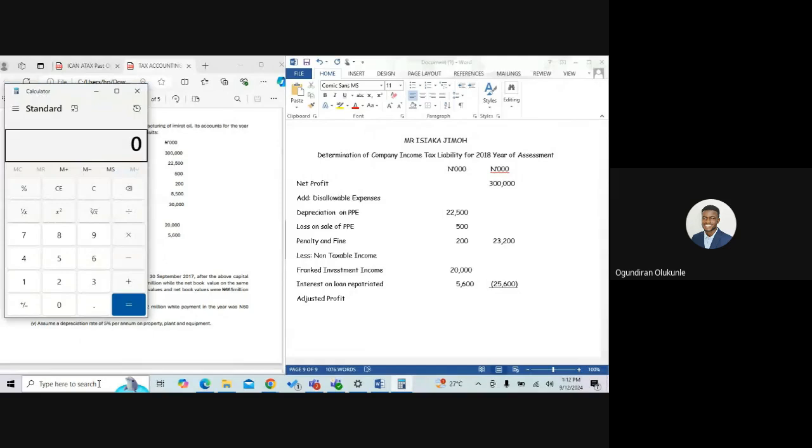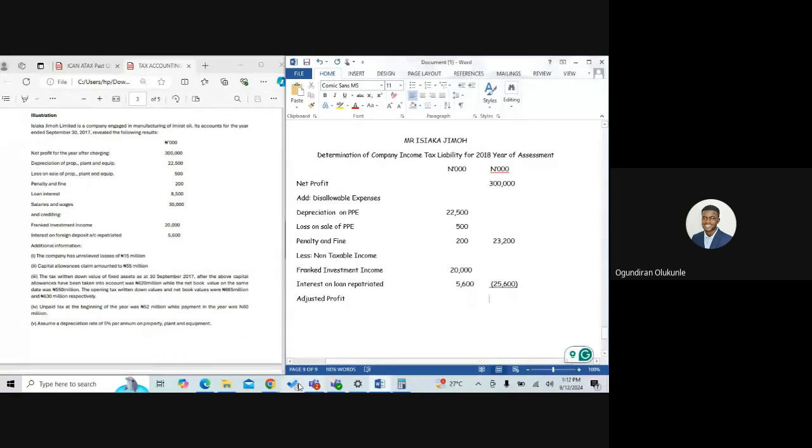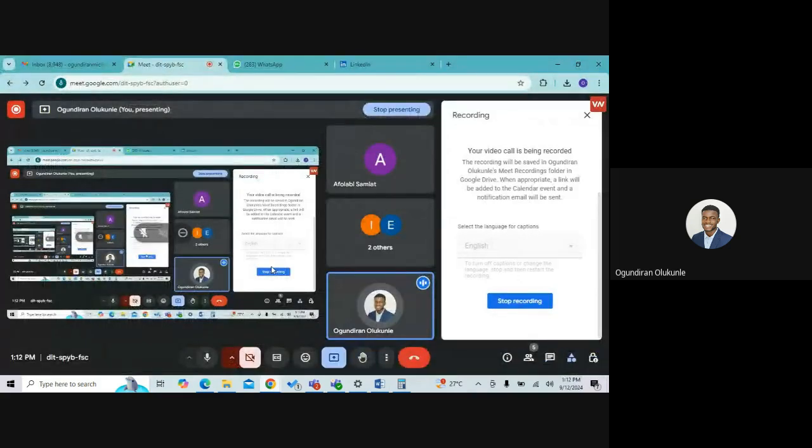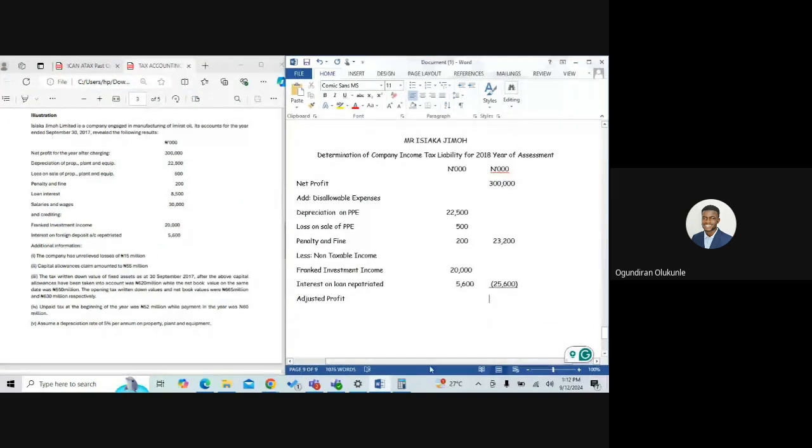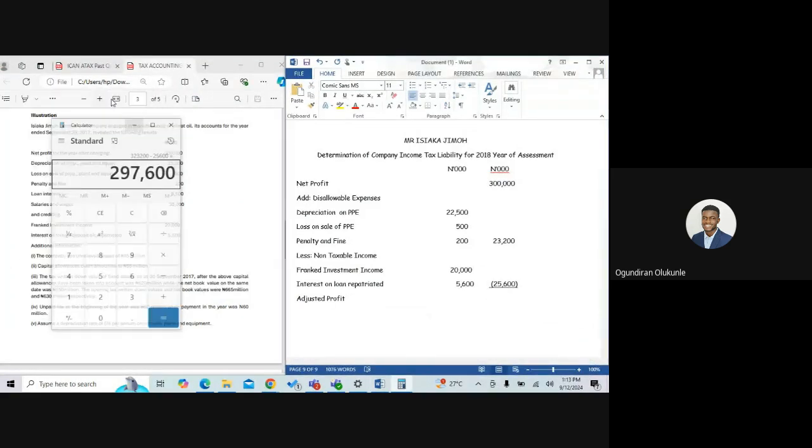How much is adjusted profit? That's 297.